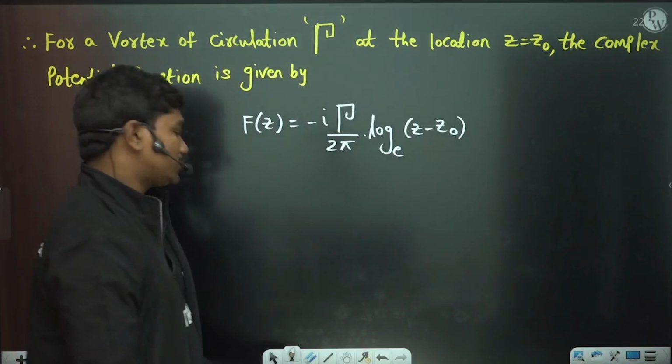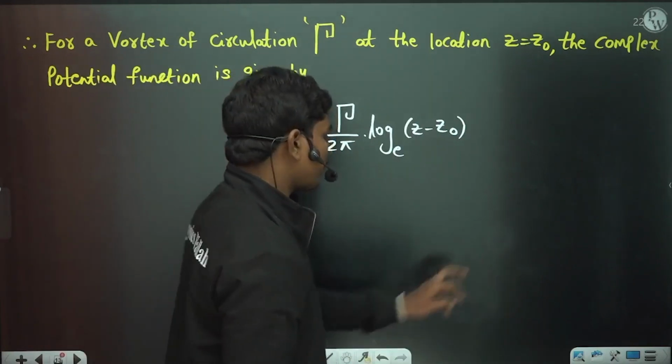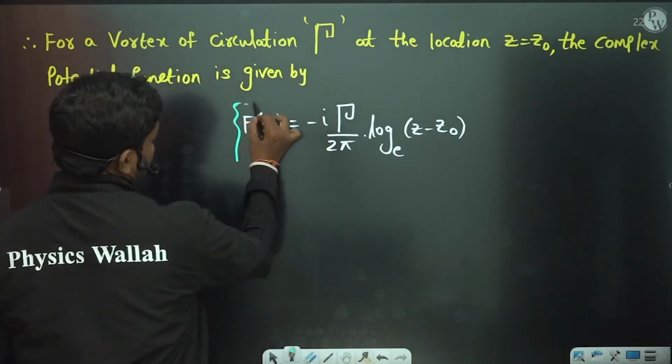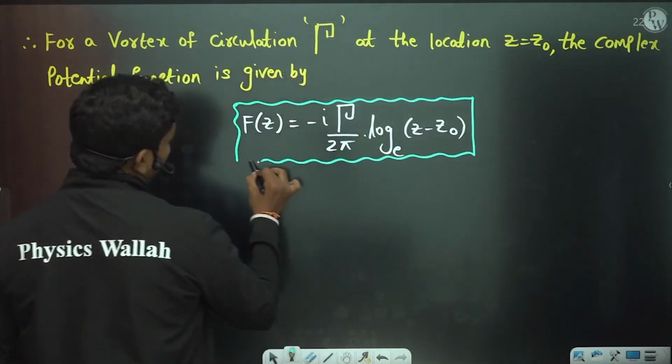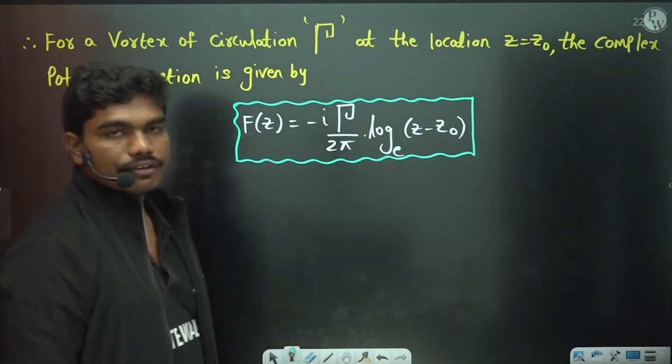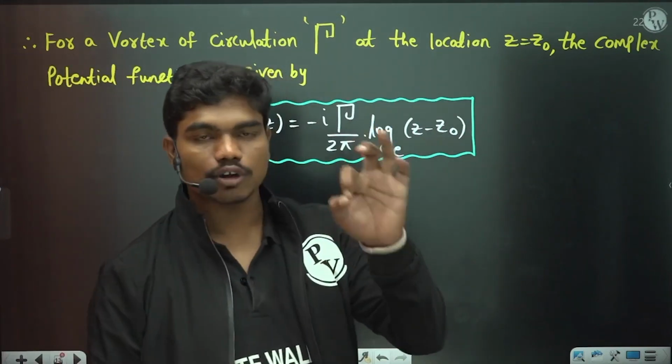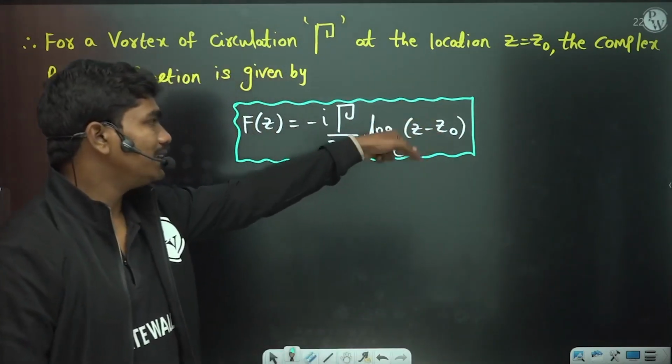Okay, so this is the complex potential function. If the vortex is at origin, then this z0 is actually 0 in this case.